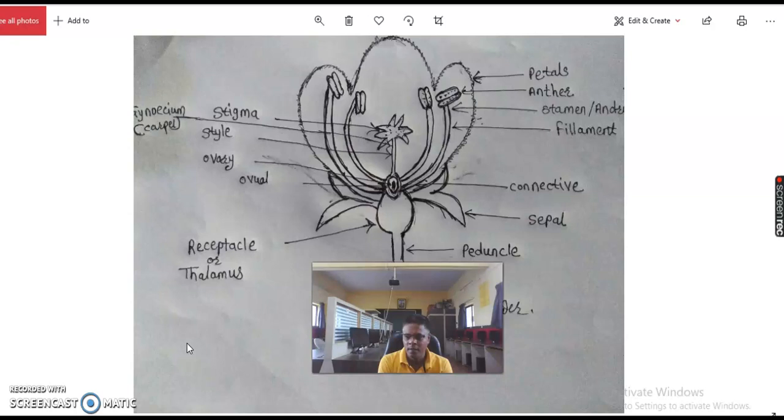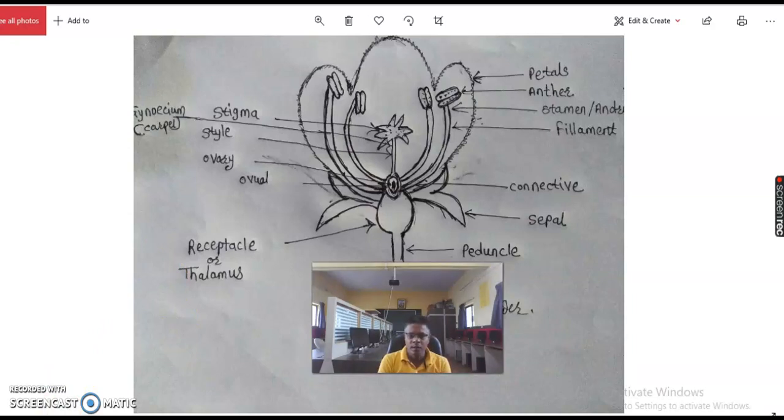It contains ovule cells known as the embryo sac. A sterile pistil is known as pistillode. So these are the parts of the female reproductive organ of the flower.